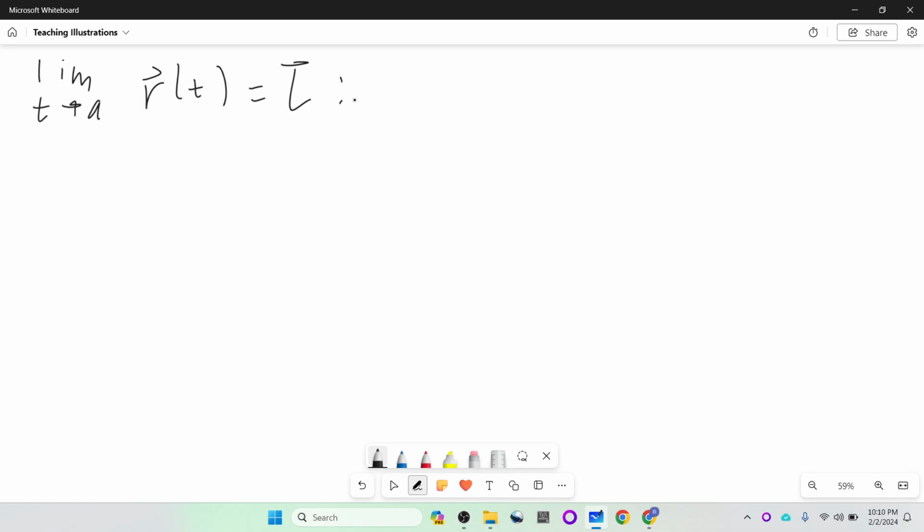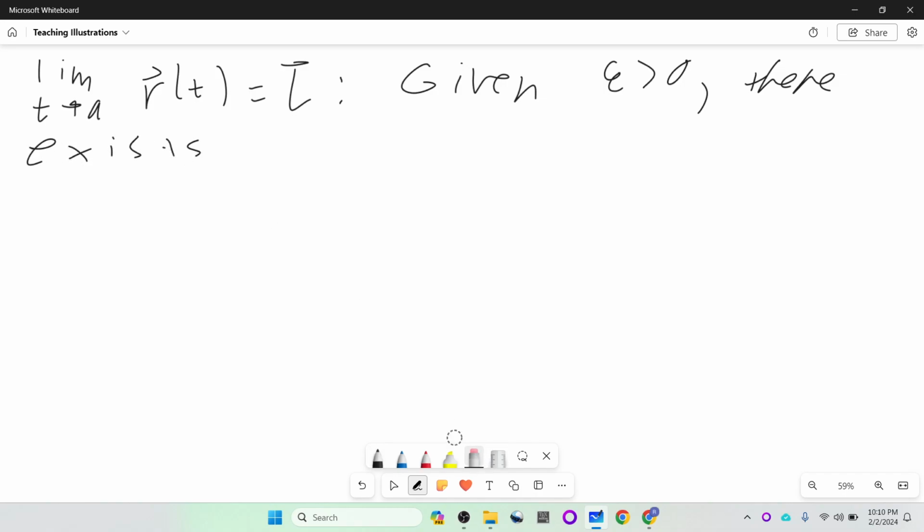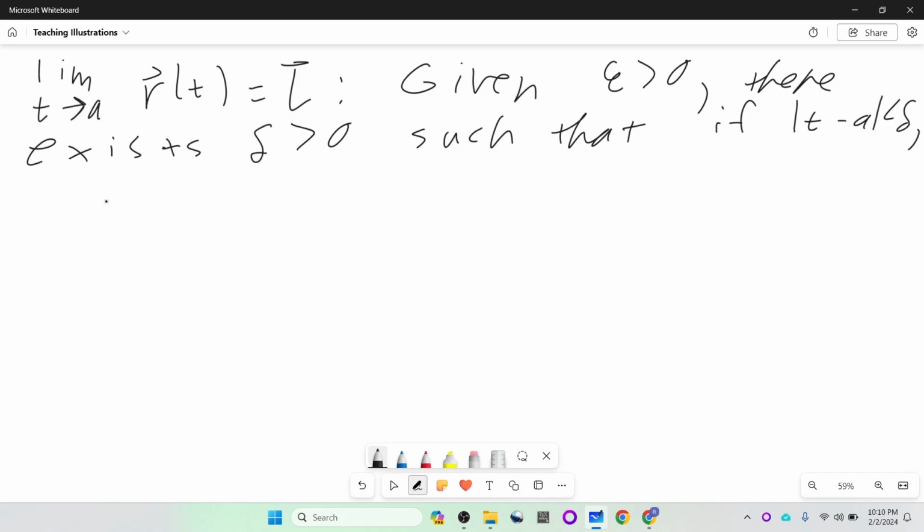Well, going back to the definition, given some epsilon greater than 0, there exists a delta greater than 0 such that if the absolute value of t minus a is less than delta, then the distance from vector r of t to vector L is less than epsilon.